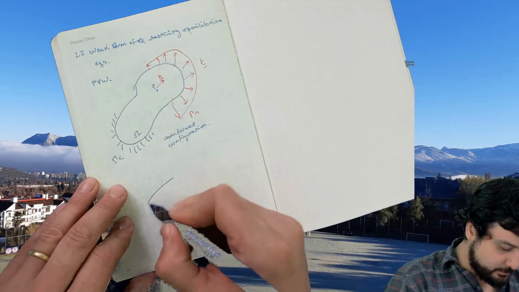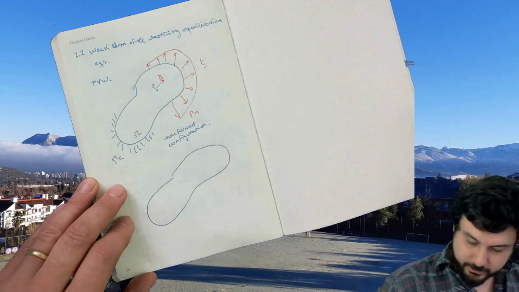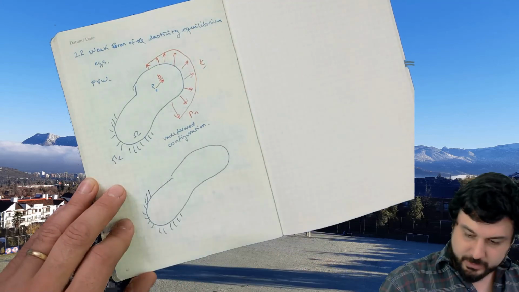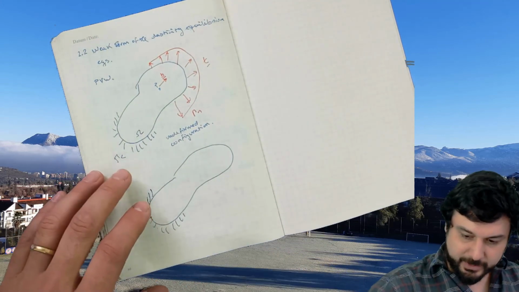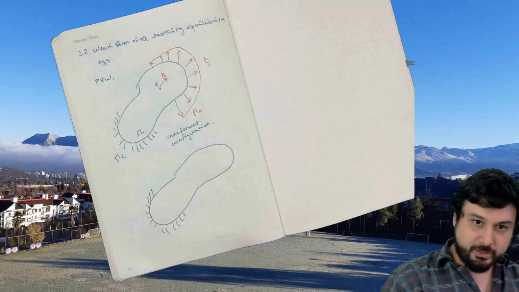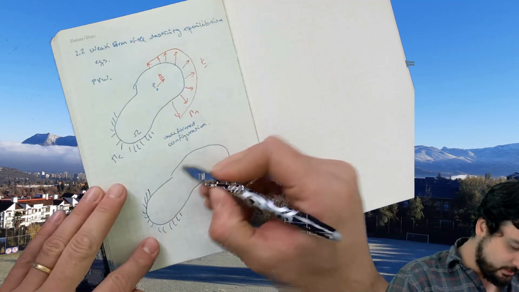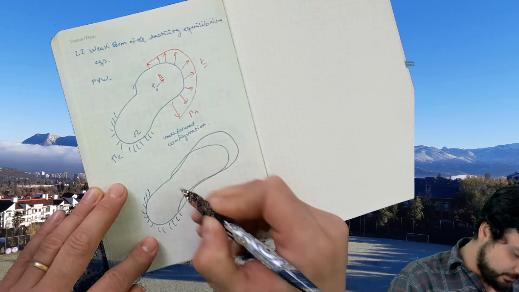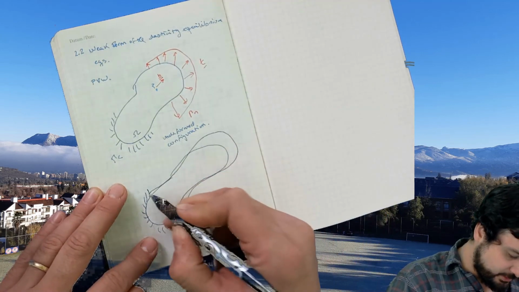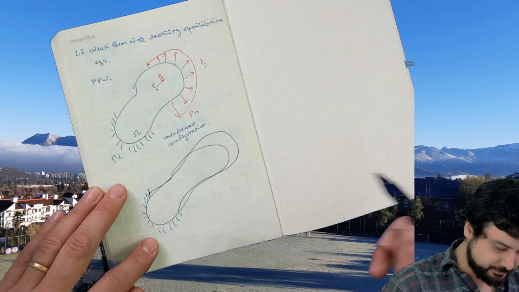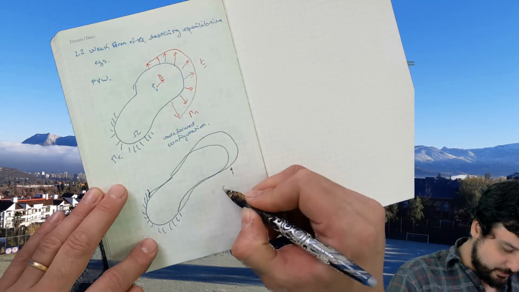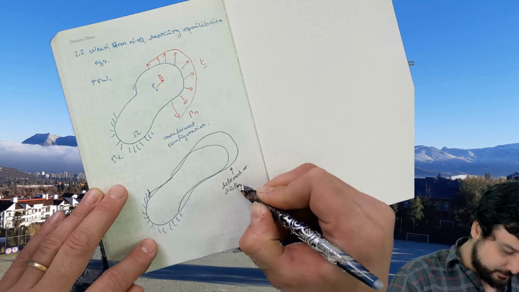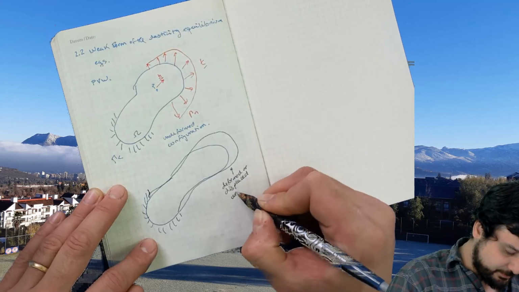And then as soon as you apply the forces, this domain is going to stretch maybe a little bit. It's going to change shape. So you have maybe something like this. And I'm just assuming here that this is a zero boundary condition. So this is the deformed or displaced configuration.